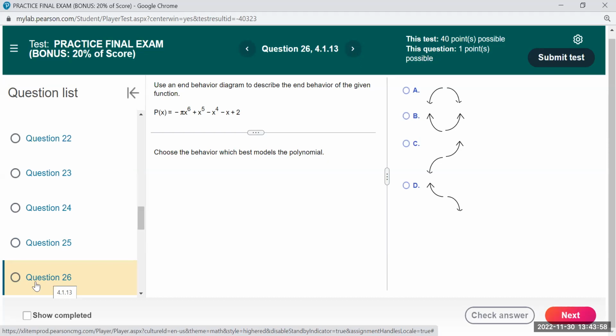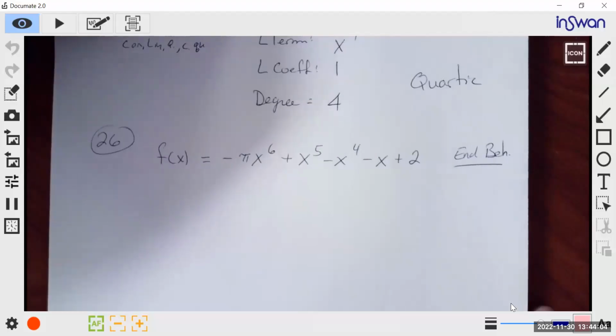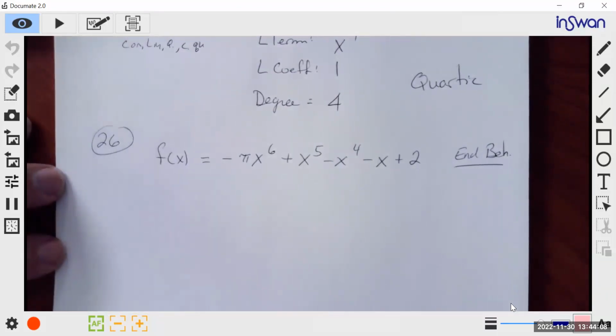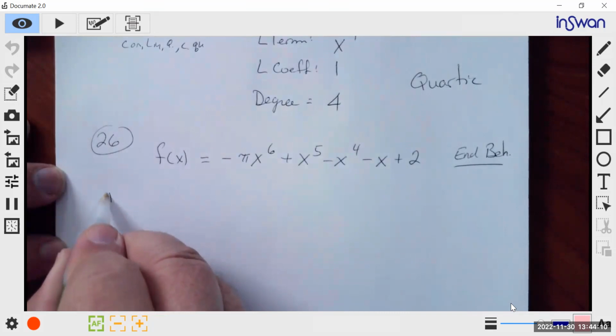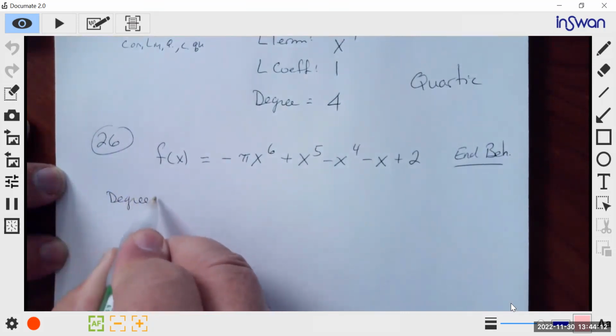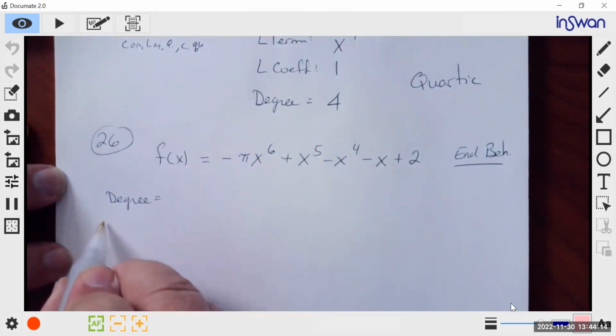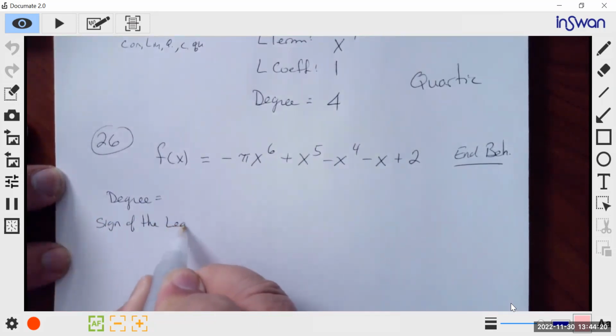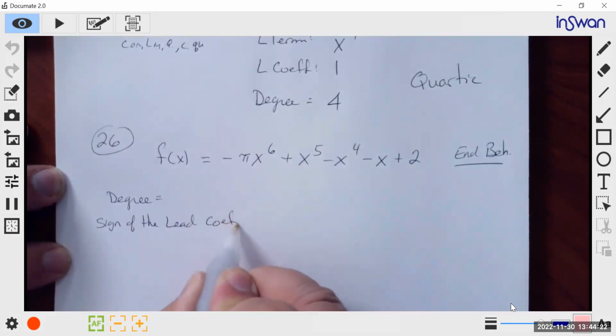End behavior. So there's two things we have to look at here. The degree and the sign of the leading coefficient.